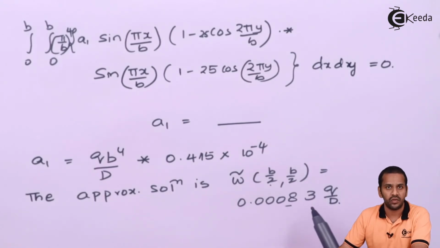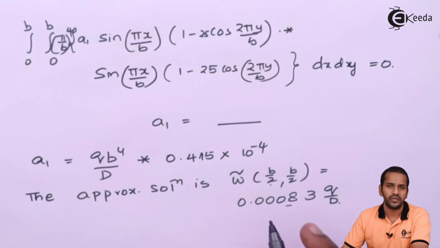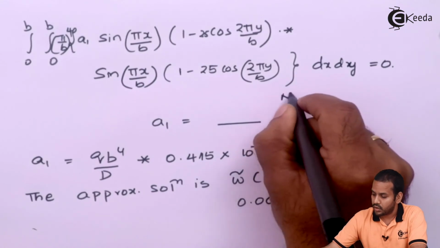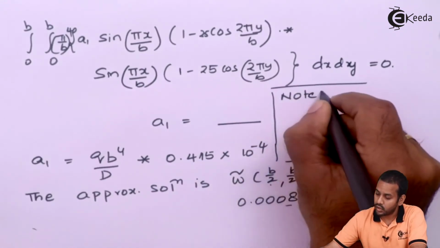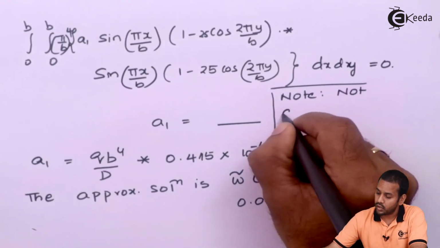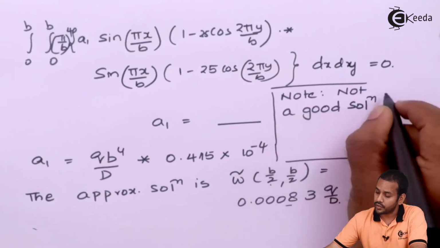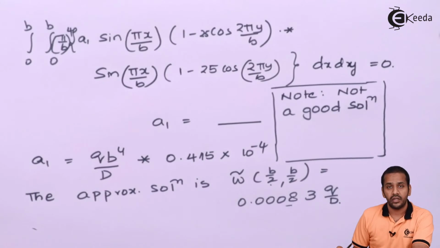But what is our analytical solution? We know the analytical solution, right? If you compare this one with the analytical solution, this is pretty far away from it. So this is not a good solution. Note, not a good solution, right?